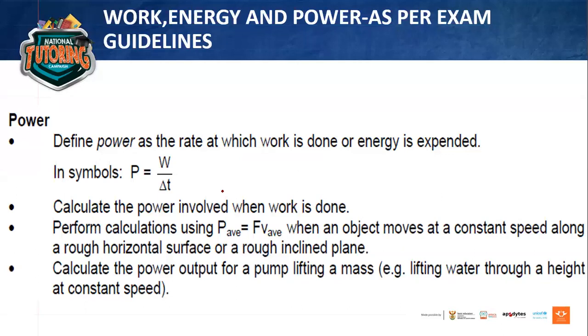And the section on power, my dear learners, we must be able to define the term power. And we say power is the rate at which work is done. If not so, you could say it is the rate at which energy is expended. But this word there, rate, is very important. And this is the formula that we use to calculate work.